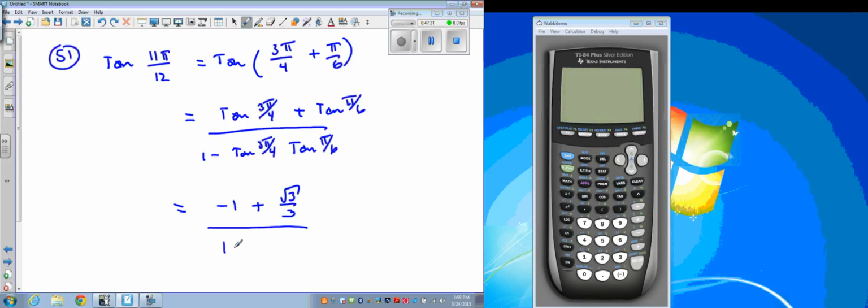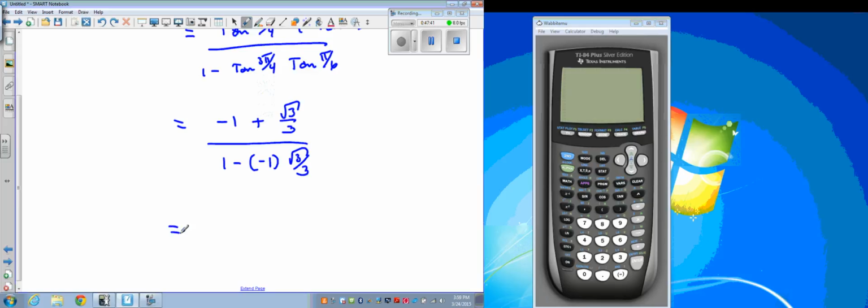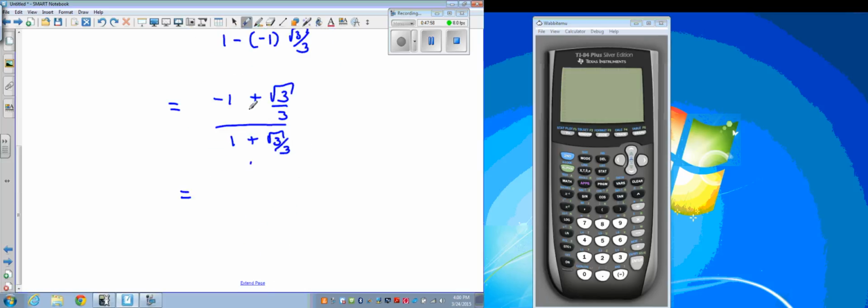So we got 1 minus, and now that's a minus 1, and that's square root of 3 over 3. So we got a minus 1 plus square root of 3 over 3, then 1 plus square root of 3 over 3. So we got to get the common denominator.